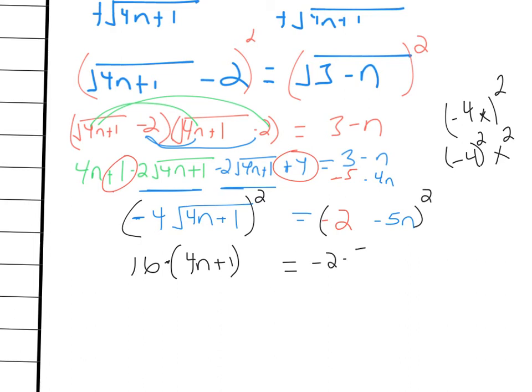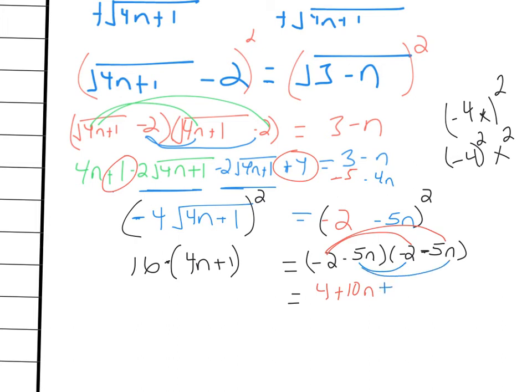negative 2 minus 5n multiplied by negative 2 minus 5n. So double distribute again, negative 2 multiplied into both parts, so that's going to give us 4 plus 10n, multiply in the negative 5n by both parts.